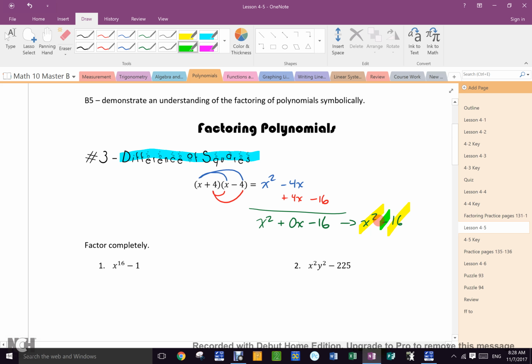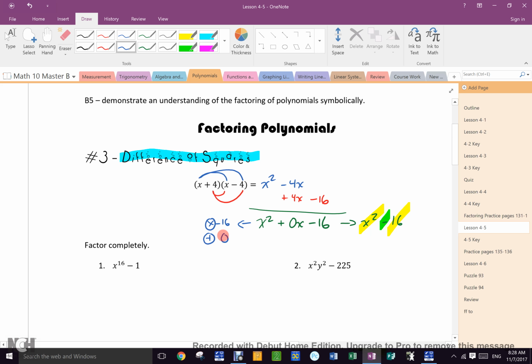Does everybody see that? Now, I will also remind you that if you saw a trinomial like this, you can always factor it by remembering, or you can try to factor it by remembering, I need numbers that multiply to negative 16 and add to 0. So it has to be 4 and negative 4.